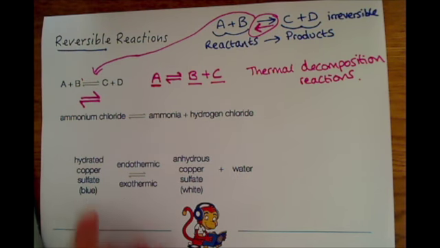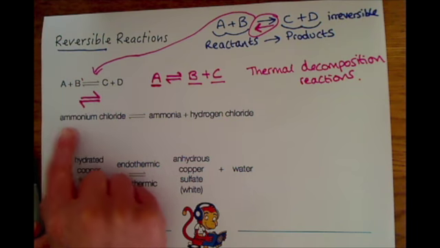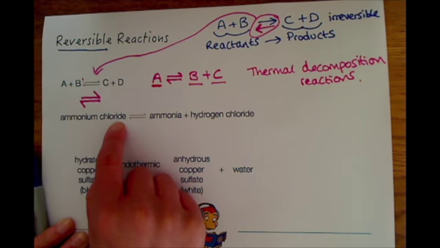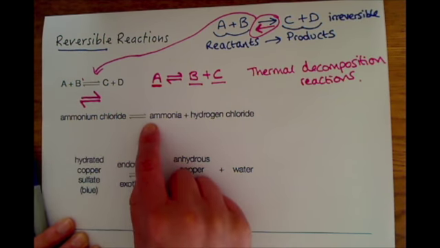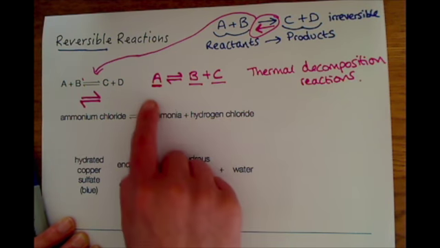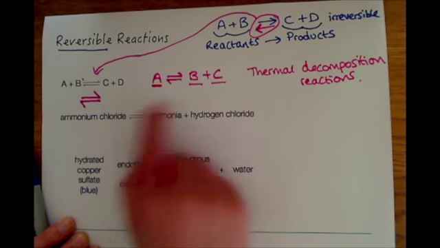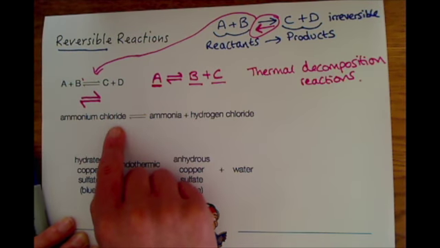For example, the one below, we haven't got this A plus B scenario, we just have ammonium chloride breaking down to ammonia plus hydrogen chloride. And this is the scenario which looks a bit more like this reaction here. So it gives an indication that this probably involves some sort of breakdown by heat.